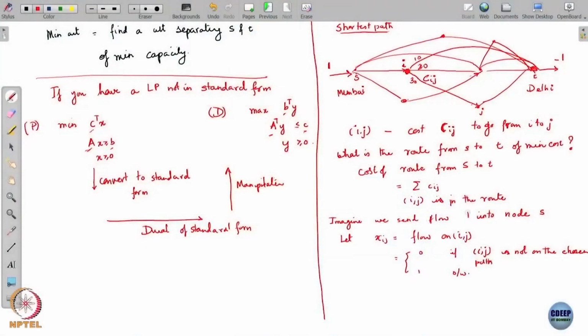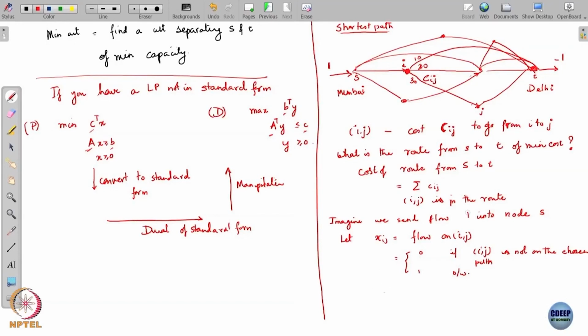So, if at all a flow is there on a path, that path must be the one that encounters the least cost. It cannot be that part of it is there, part of it is on another part, right. So, now let x I j be the flow on link I j, and we will take this interpretation that it will be 0 if I j is not on the chosen path and 1 otherwise.